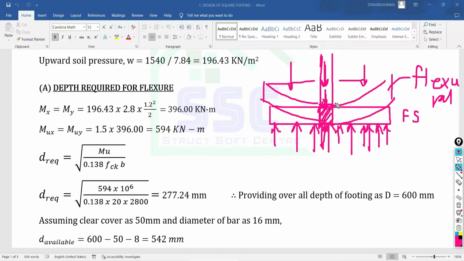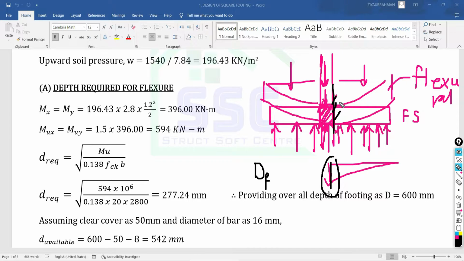Here the maximum moment is going to be developed over this face of the column. At the face of this column, the maximum moment is going to be generated. To resist this maximum moment, how much depth is required, that we need to calculate, and that I am going to call the flexural depth.